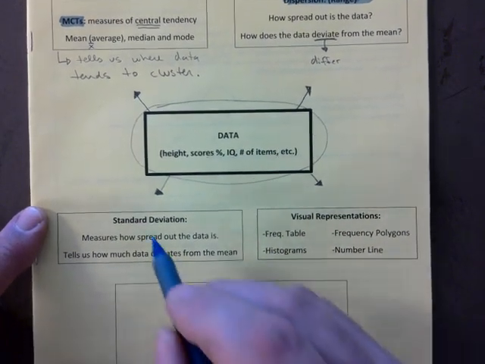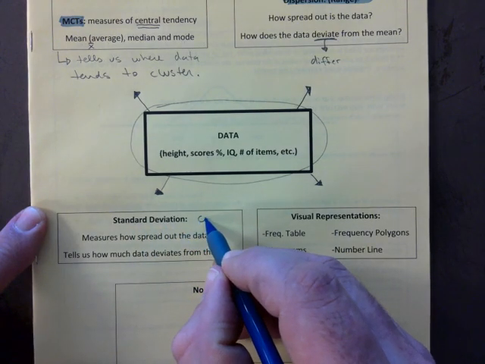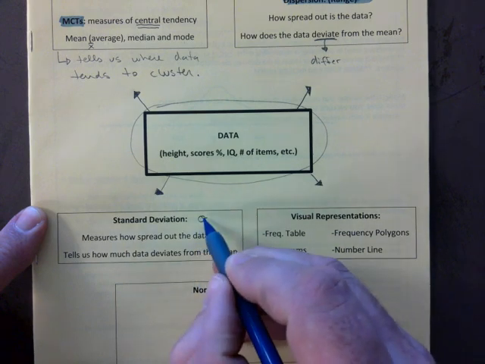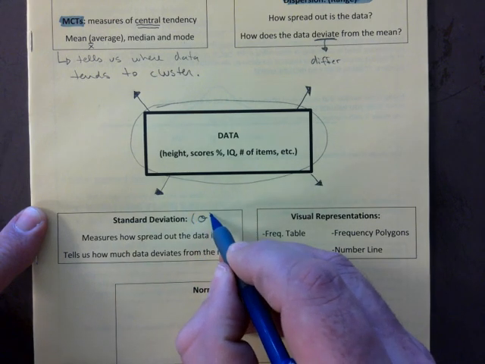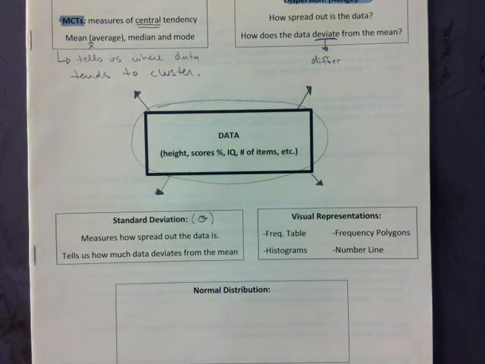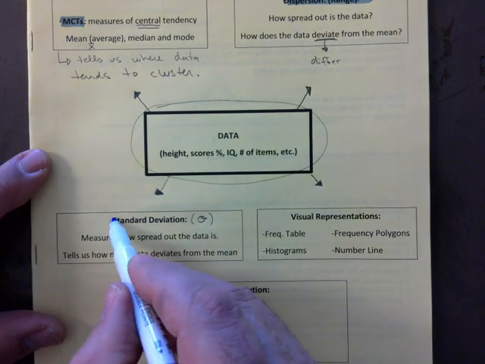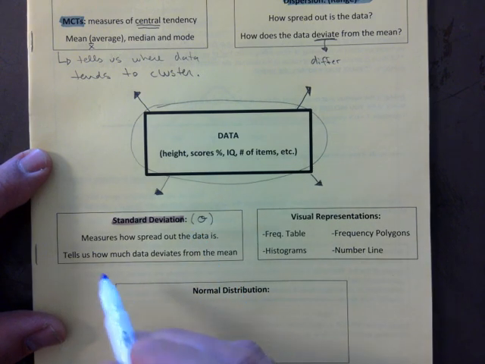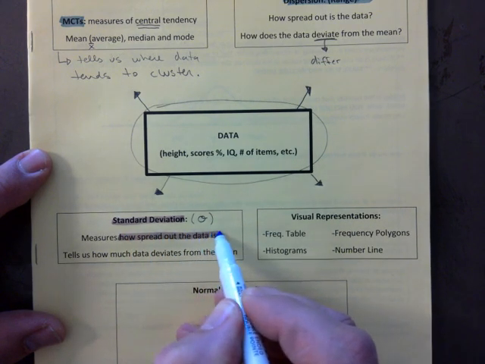Standard deviation. Can you put this symbol? It's actually sigma, like a circle with a little squiggly on the top. Put that down so you're not surprised when it comes your way. This is a very important one to me. Okay, standard deviation. It basically tells us how spread out data is.